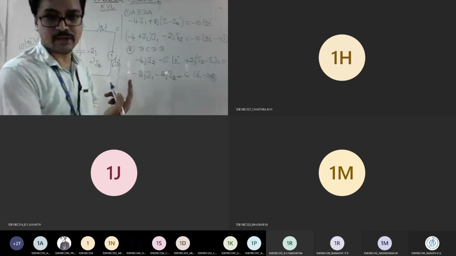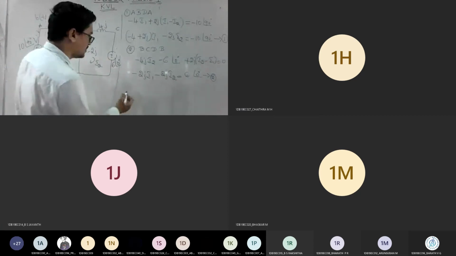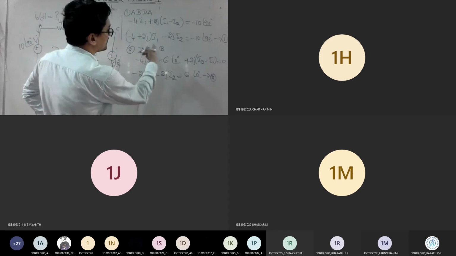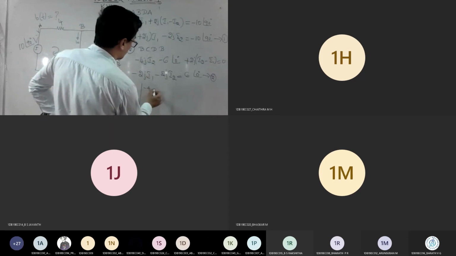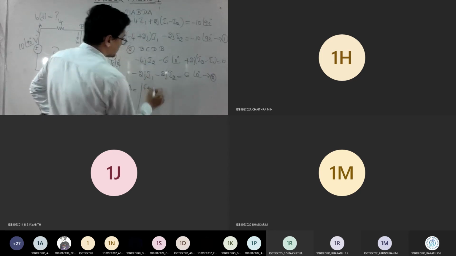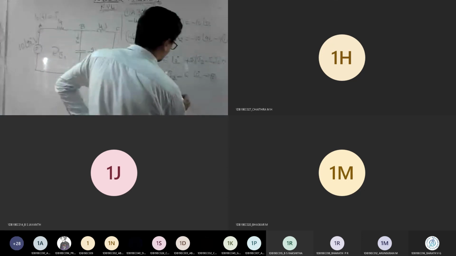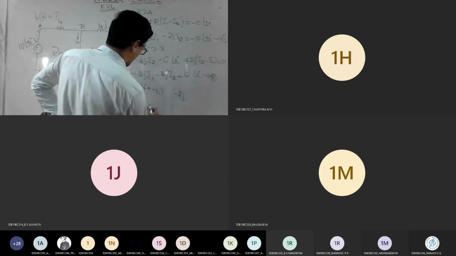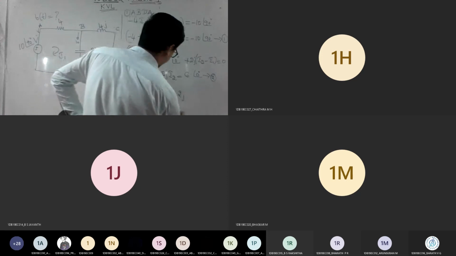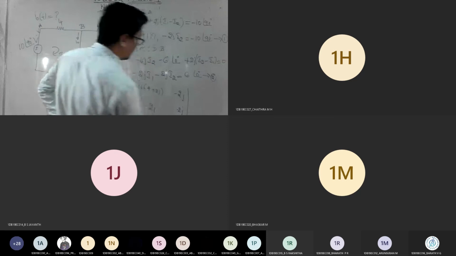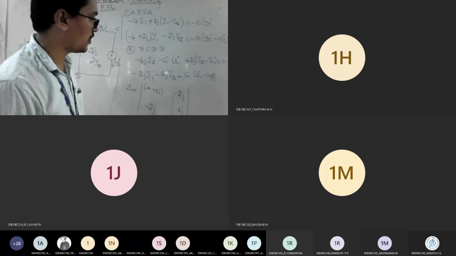So now what you should find? By default, you have to go with Cramer's rule. There is no other option. So find delta for me. Delta is equal to the first equation values: minus 4 plus 2j, then this is minus 2j, and this is minus 2j, and this is again minus 2j. Be very careful with your determinant concept. Am I correct in what I wrote?